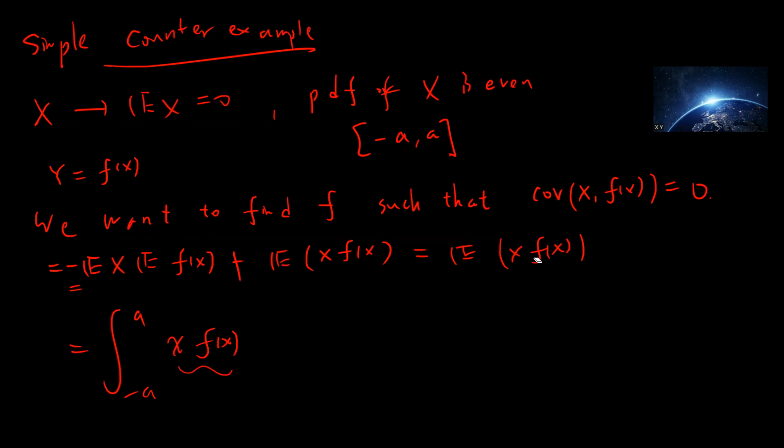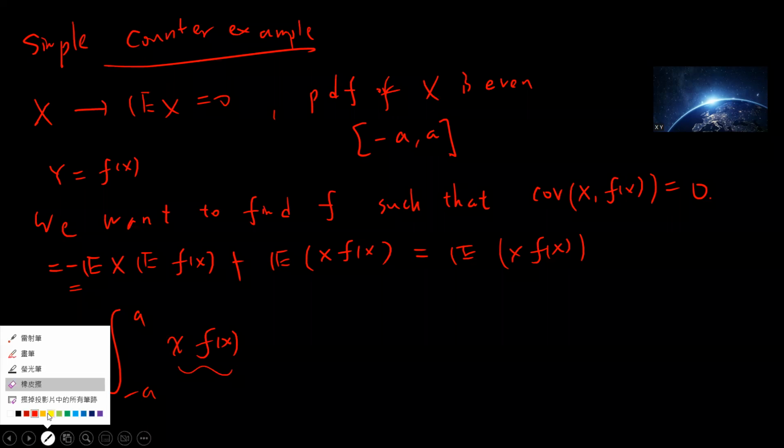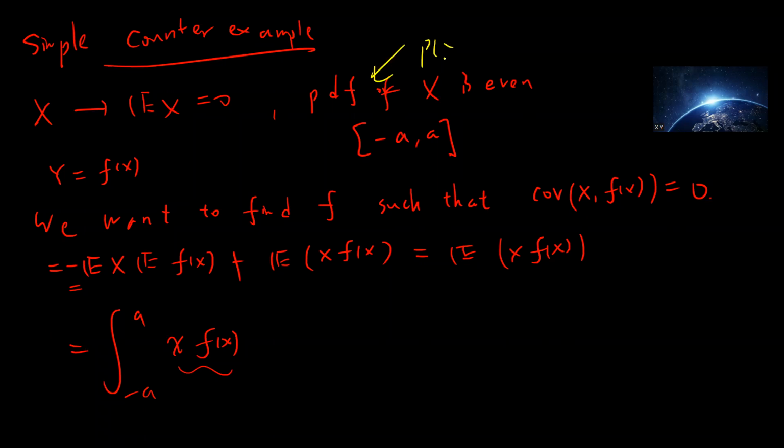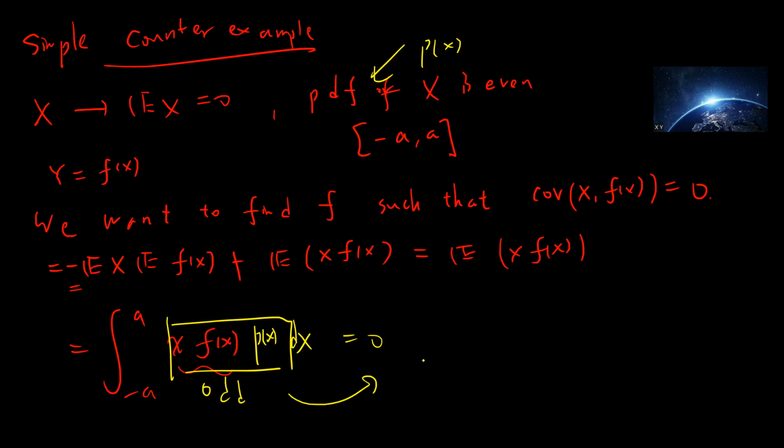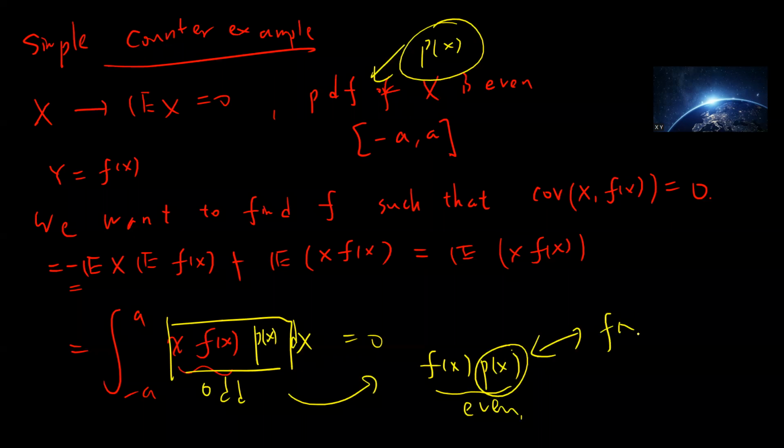Now I need to multiply by the PDF, so let's say this is p of X, and it's the integral of X f of X p of X dX. In order to make this 0, we need X f of X p of X to be odd. Since p of X is even, we just need f of X to be even.